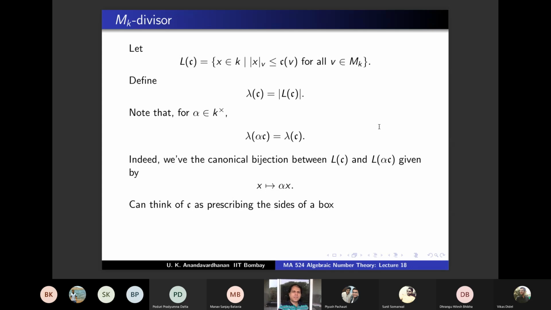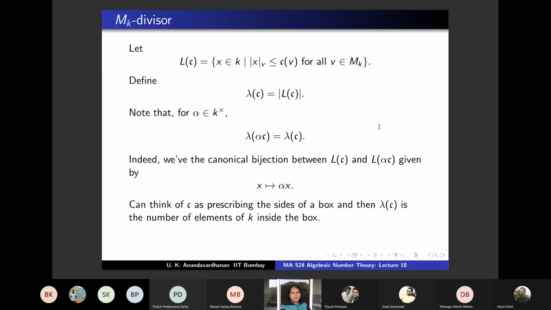And what is L of C? L of C is x in K such that mod x_v is less than or equal to C_v for all v. So these are the points from your field which are inside this infinite cube. You are interested in its cardinality.